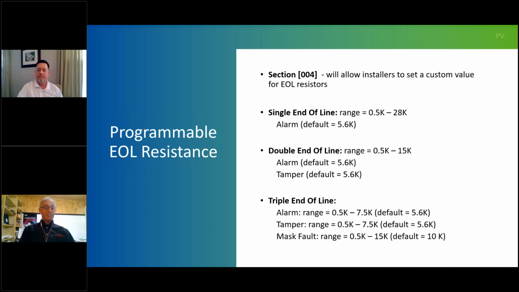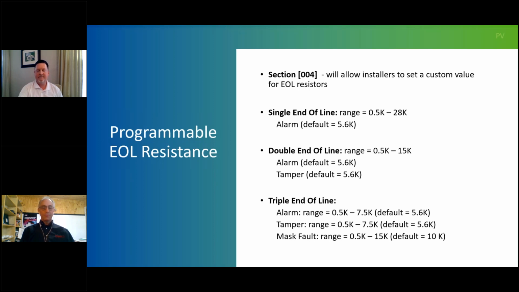This is a new section in the Pro, which is pretty slick, is that you can actually program your end-of-line resistance. We had a discussion about resistance and resistors, Dan and I, yesterday. So in section 004, you can actually change the usual DSC resistor, which is our 5.6K, to something else.